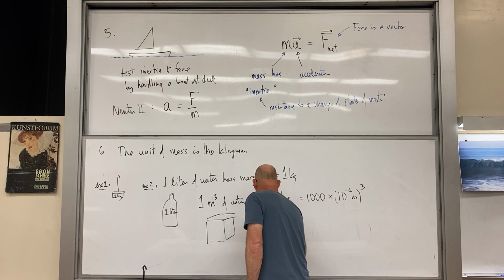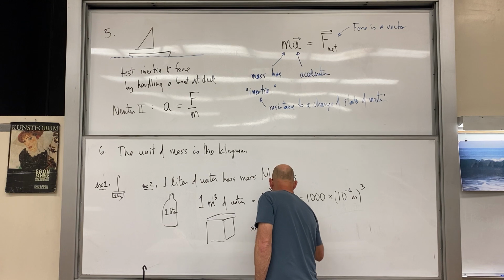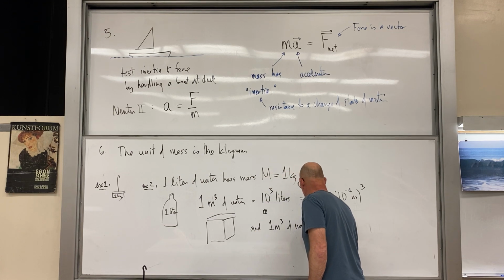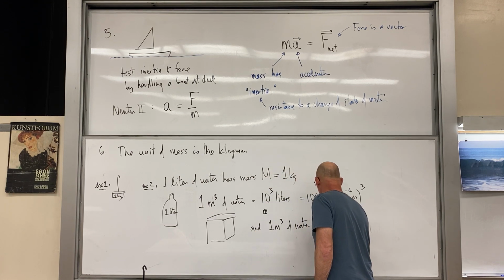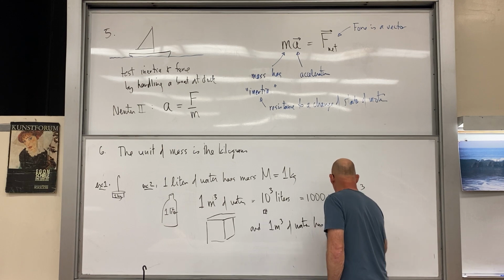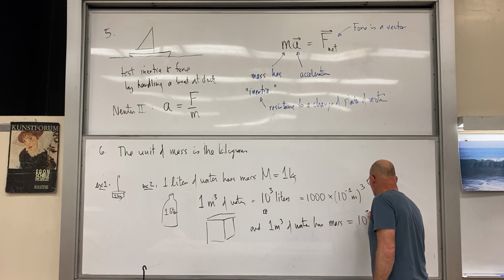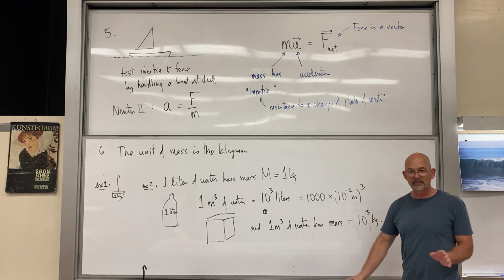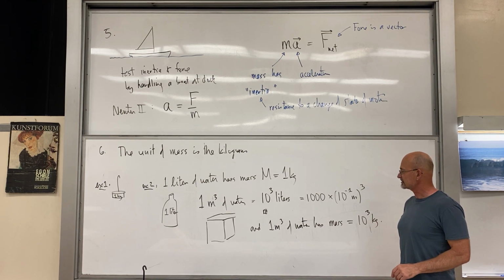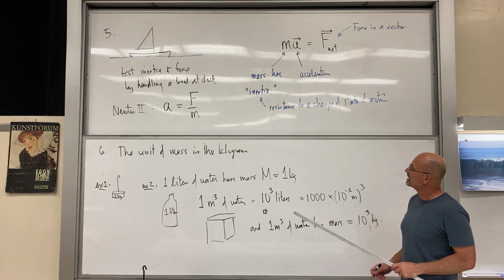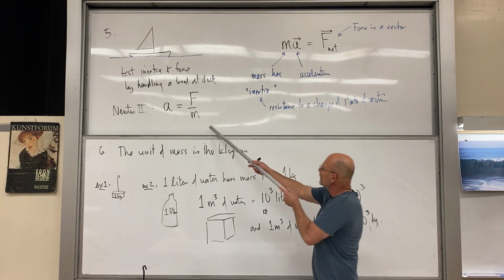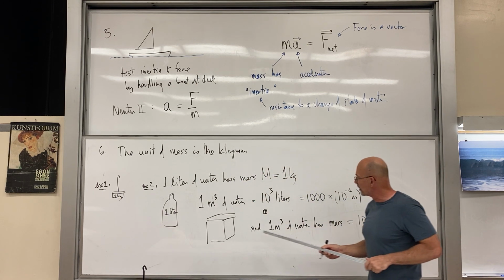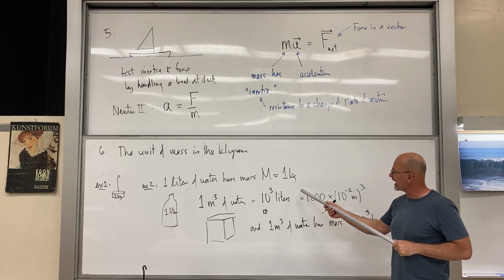And 1 cubic meter of water has mass equal to 10 to the 3rd, 1,000 kilograms. That's going to play a big role. I have to say one more thing. The mass is often written with a lowercase m, even though the meter is also written with a lowercase m.